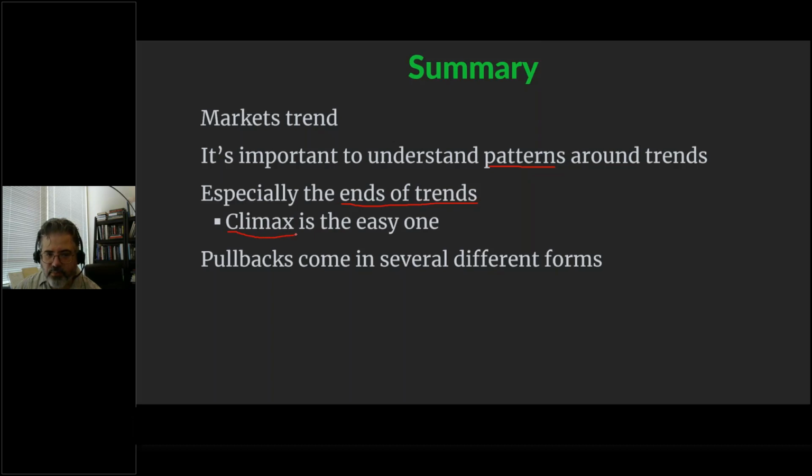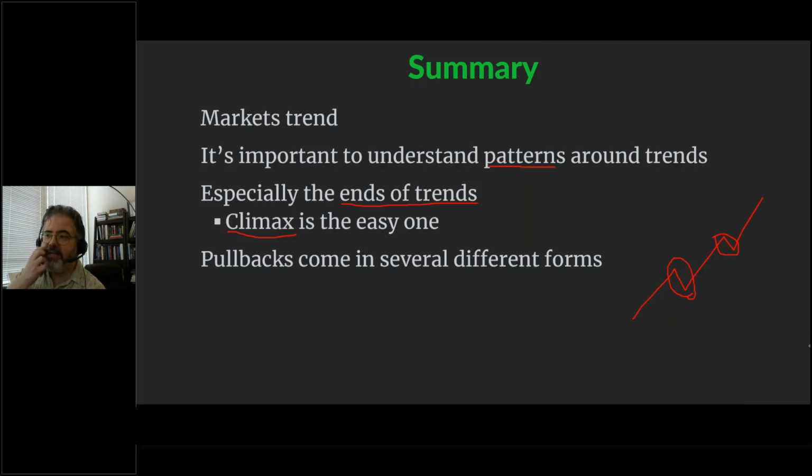If you just want to understand one, a good place to start is the climax. Know that pullbacks come in several different forms, and all pullbacks are really pauses in these ongoing trends, but there's a lot of rich structure here, complicated by a lot of randomness within these pullbacks, and you now have a catalog of the different pullbacks.